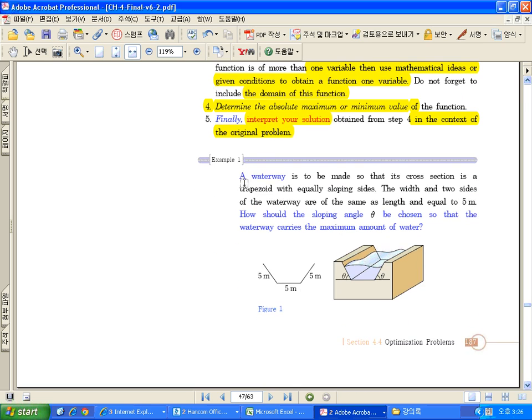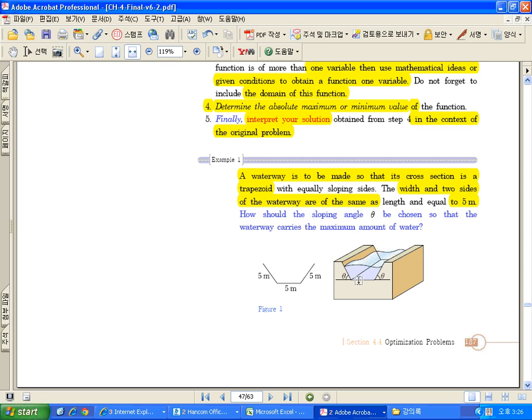For example, a waterway is to be made so that its cross section is a trapezoid like this, a trapezoid with equally sloping sides, so the angles are the same. The width of the base and the two sides of the waterway are all equal to 5 meters.